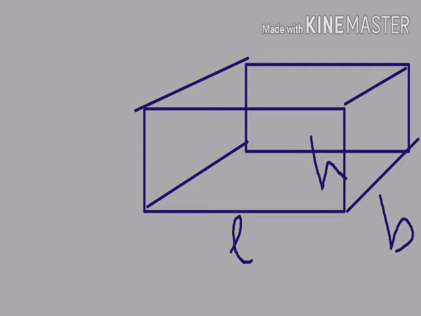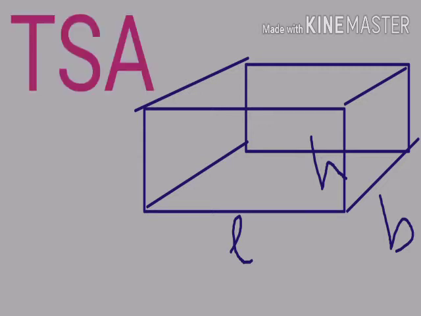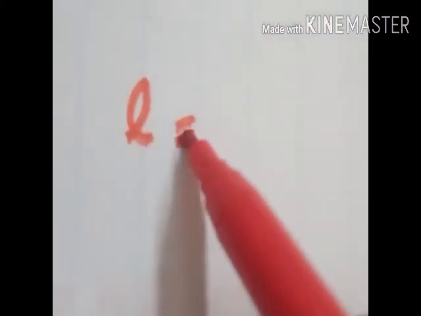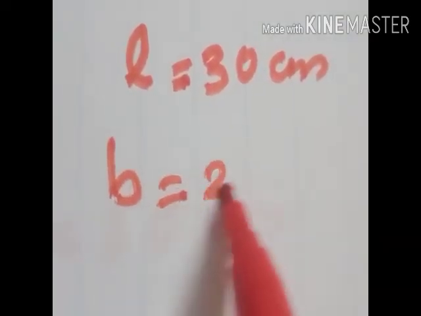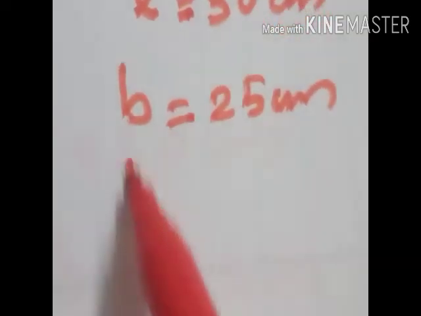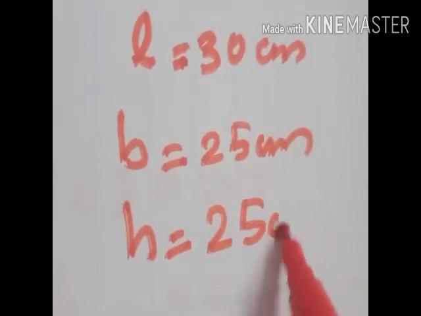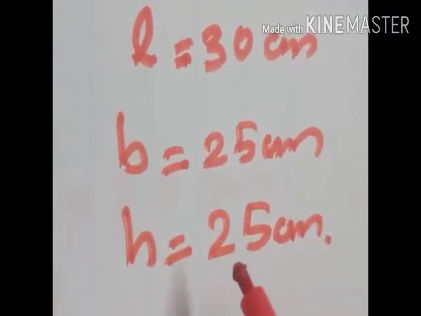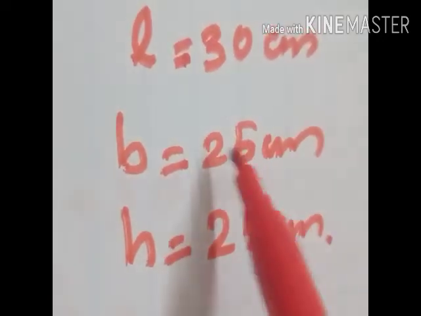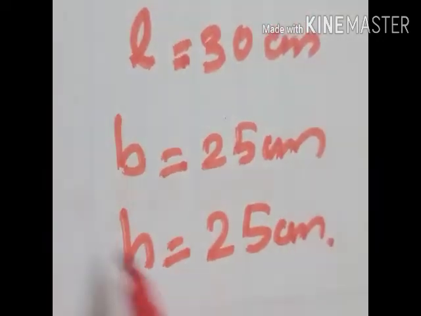So here we have to find the total surface area of the cuboid. According to the question, L equal 30 cm, B equal 25 cm and H equal 25 cm. If all the measures are same, then only it will be a cube. Here all the measures are not same, so it is a cuboid.